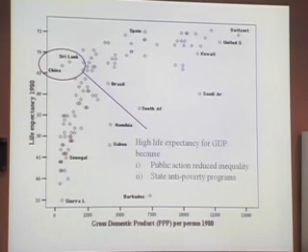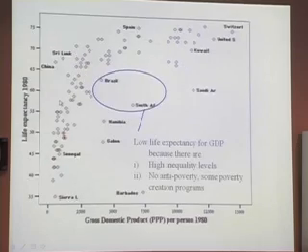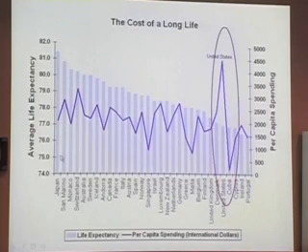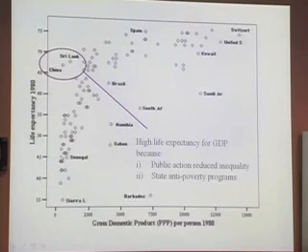Sri Lanka and China have life expectancies way above what you would expect for their level of economic development. We're pretty sure this is because of a history of public action that reduced inequality, land reforms and food subsidy programs, food support programs, and state anti-poverty programs.